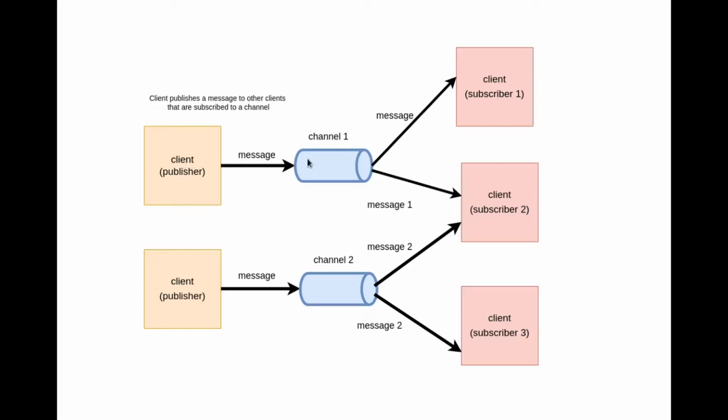So when you send a message to channel 1, only those two subscribers will get that particular message. For the second case, since subscriber 2 is subscribed to channel 1 and channel 2, they'll be in a position to receive the messages sent by client 1, our first publisher, and client 2, our second publisher. Now, to demonstrate this, I'm going to jump into our terminal.